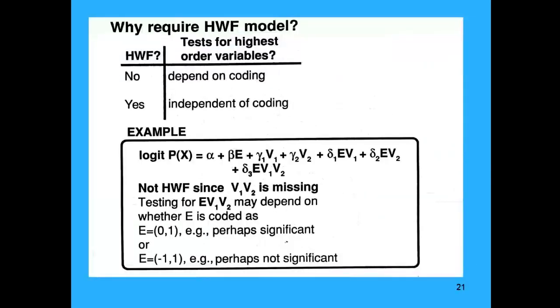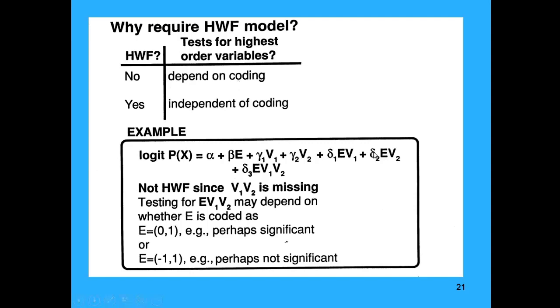What's the highest order term in the model? This one, right? And what I said was any test about this highest order term, there's only one, is independent of the coding of the variables in the model. That's what this statement says. Independent of the coding if it's hierarchically well formulated, and dependent on the coding if it's not. Now, what does that mean?